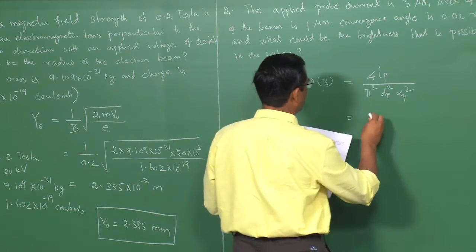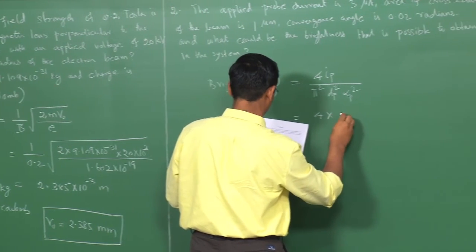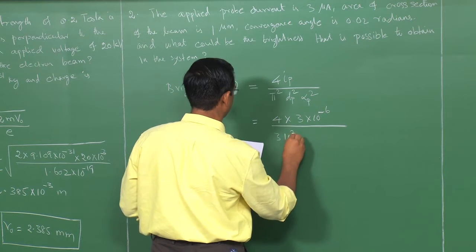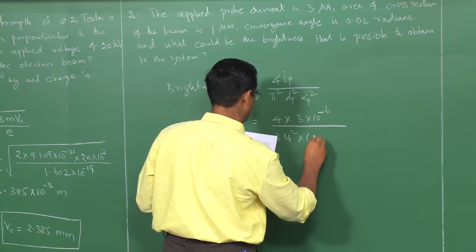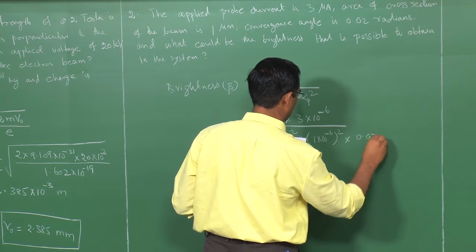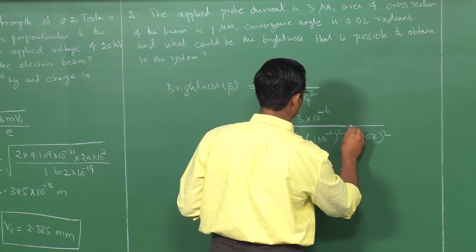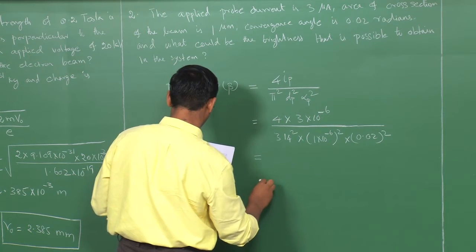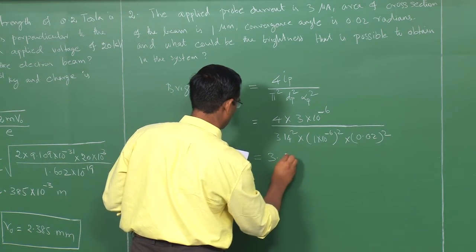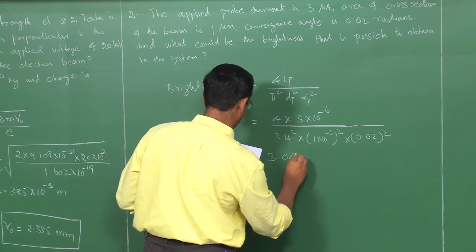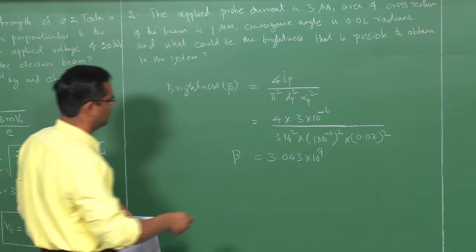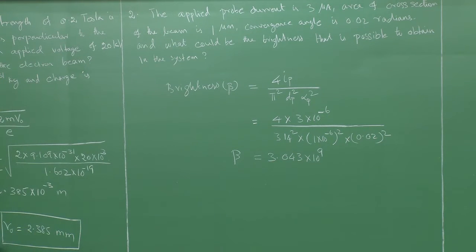So, it is simply a substitution here. Beta is 3.043 times 10 to the power 9, that is the value of the brightness.